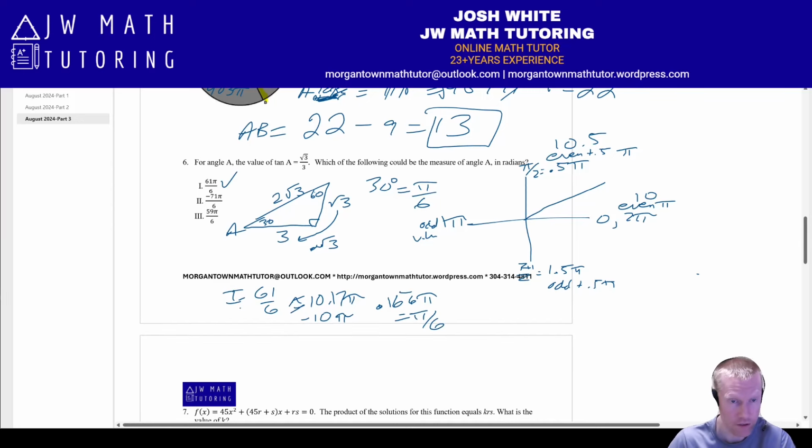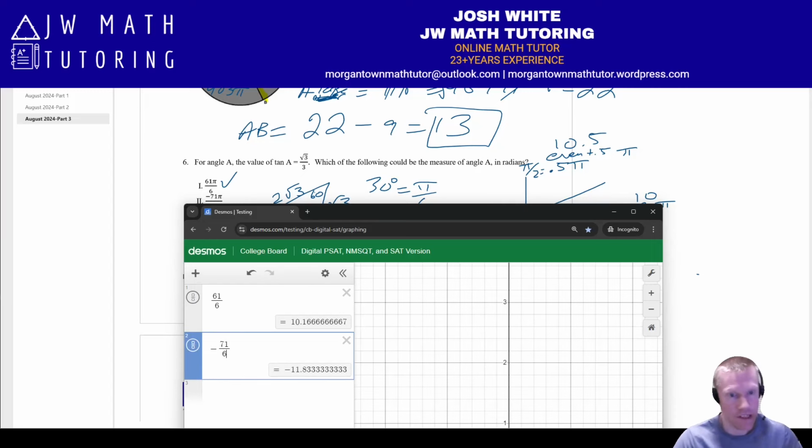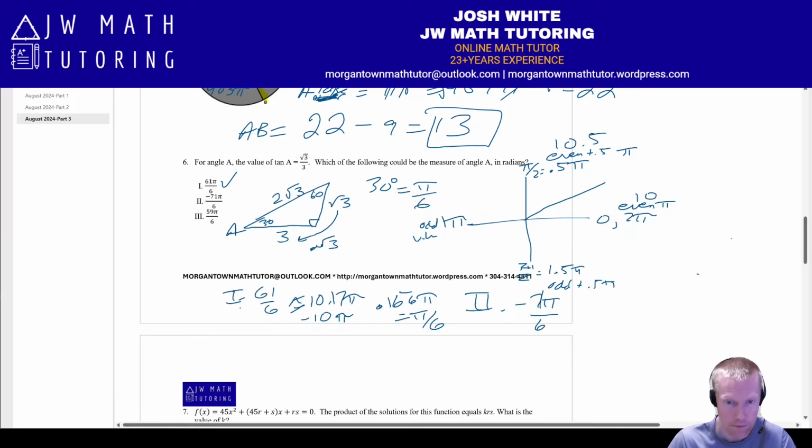So this one checks. Now, for the second one, take negative 71 pi over 6. We're going to divide that. That's negative 11.83. So first thing I would do is, with this negative 11.83, I would add 12 pi just to make it positive, to make it easier to think about.